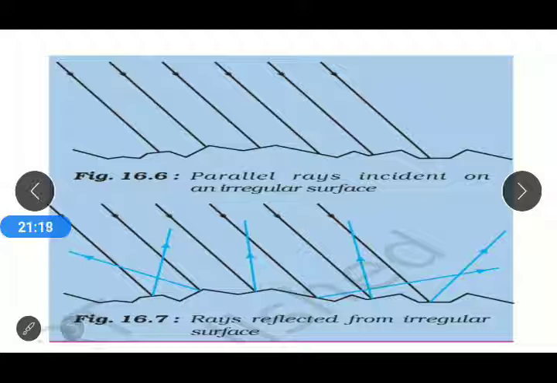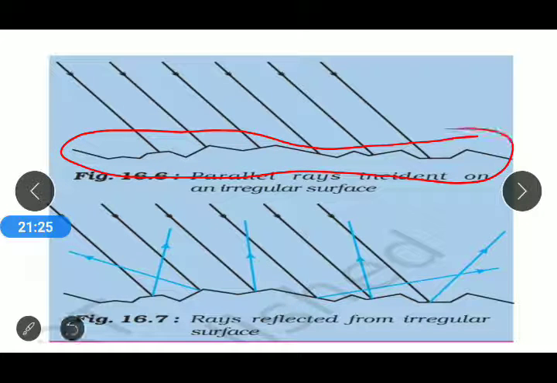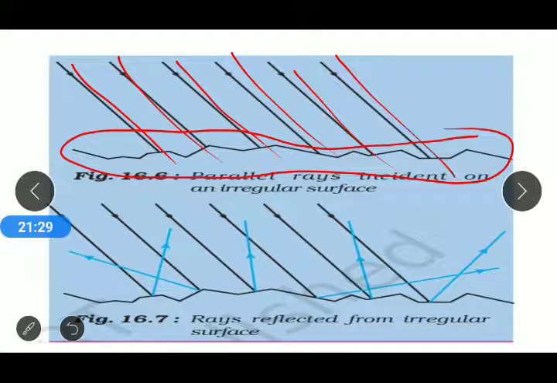When rays are incident on an irregular surface, as you can see in that picture, this is your irregular surface, and the rays of light are incident on it.